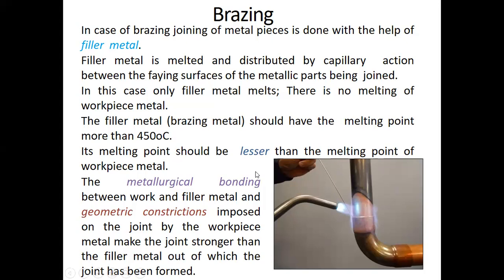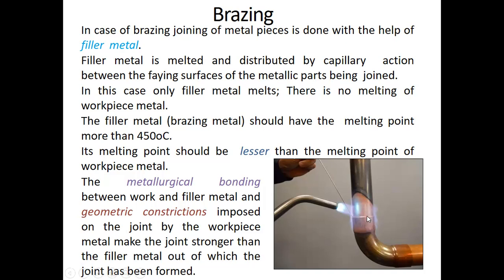Metallurgical bonding between work and filler metal, and geometric constrictions imposed on the joint by the workpiece metal, make the joint stronger than the filler metal out of which the joint has been formed. You see the metallurgical bonding between your workpiece and the filler metal, and the geometric constrictions imposed on the joint by the workpiece metal.